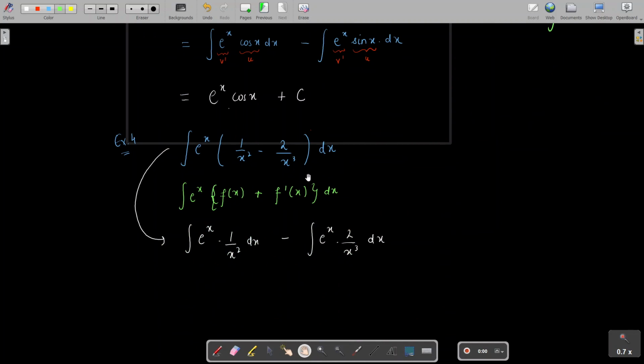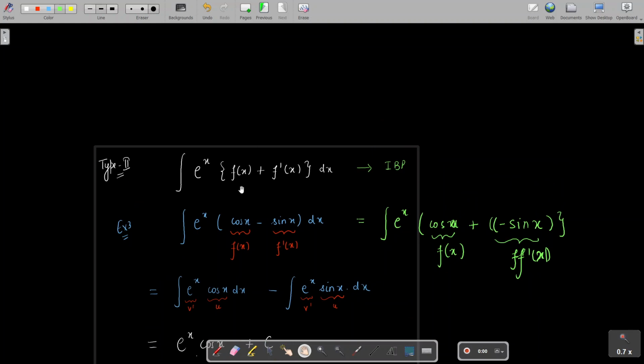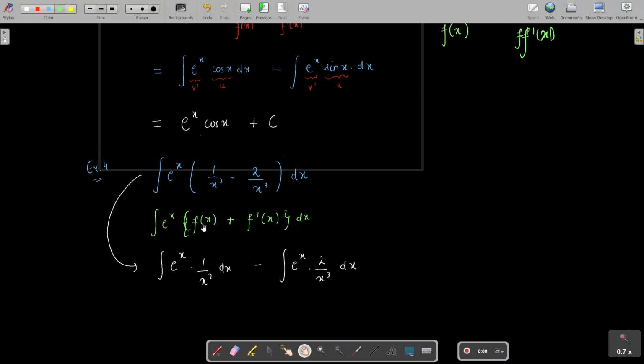Here is another problem of this type. You can see clearly that if we assume this 1 over x square is f(x), then negative 2 over x cube is f prime(x). Again, do not get confused with this plus sign.